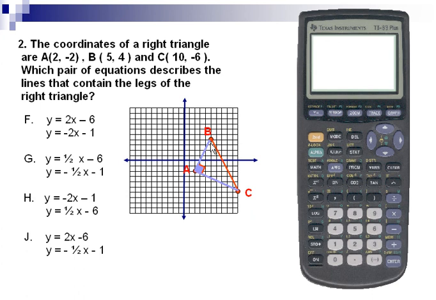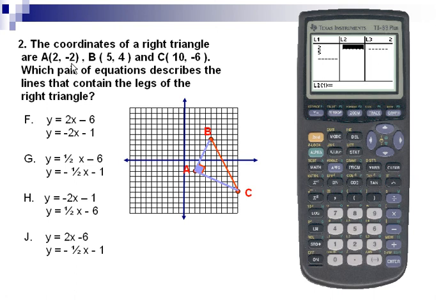So to do that, we want to use STAT, and we want to input points first to find the line that contains points A and B. So in list 1, we want to put the x values for points A and B. So input 2 and 5.